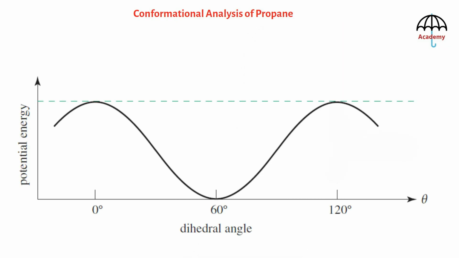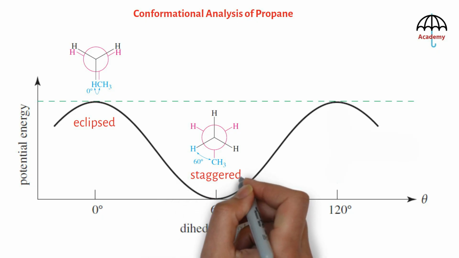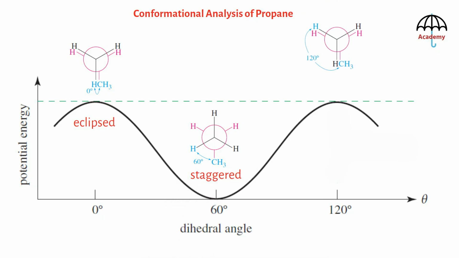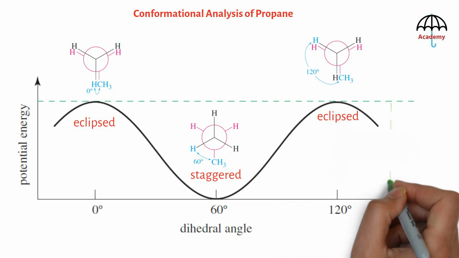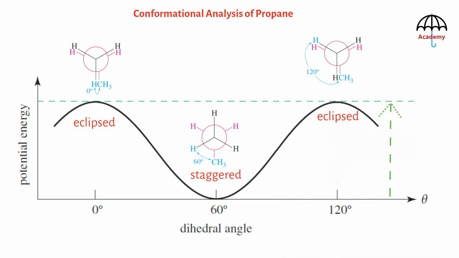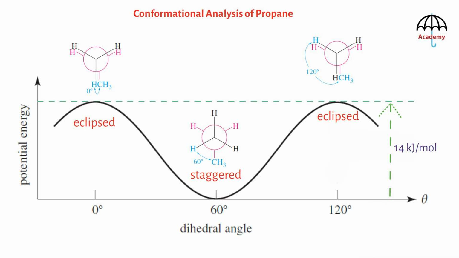When the dihedral angle between C-C and C-H is 0, we get eclipsed conformation. When the dihedral angle is 60 degrees, we get staggered conformation. Another 60 degrees rotation again gives eclipsed conformation. The torsional energy or barrier to rotation from staggered to eclipsed is 14 kilojoules per mole.